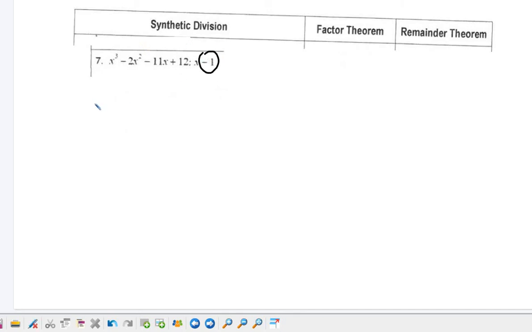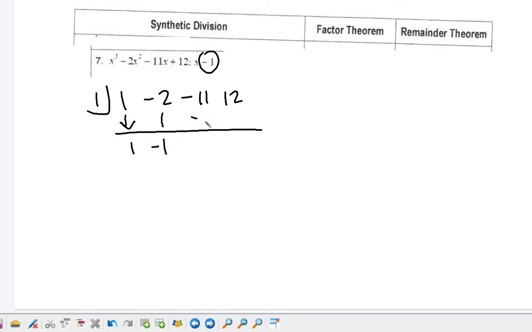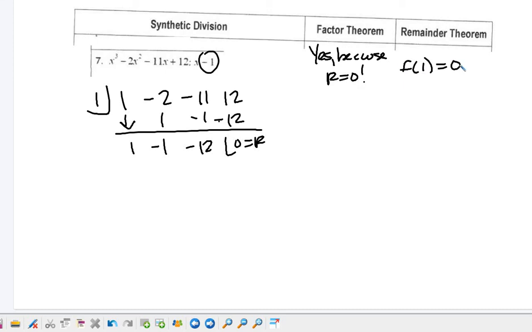So opposite, so positive 1, 3, 2, 1, 0, so 1, negative 2, negative 11, 12. 1 times 1, add, multiply, add, multiply. So it is a factor because r is equal to 0, and that means f of 1 is equal to 0.